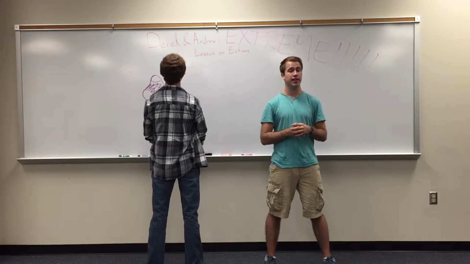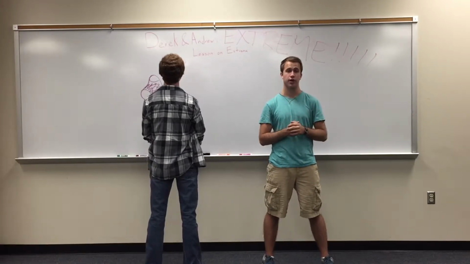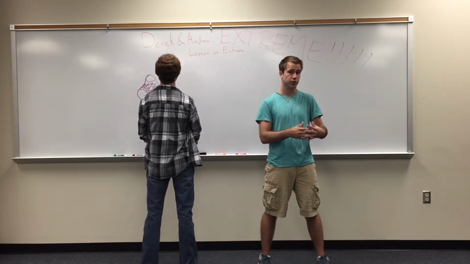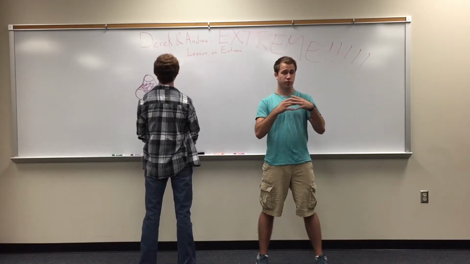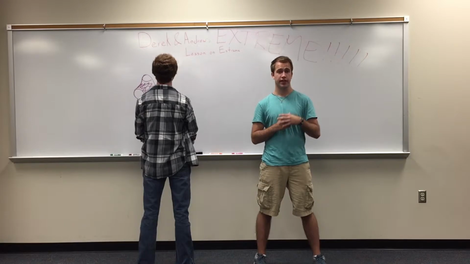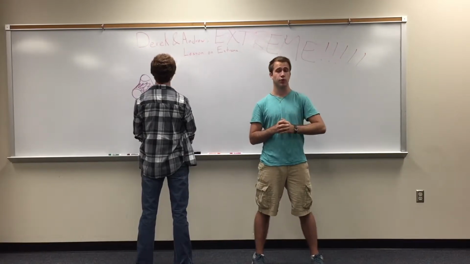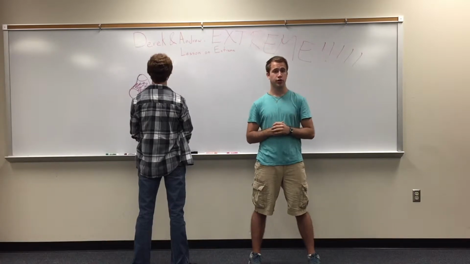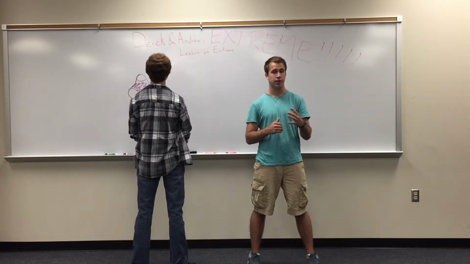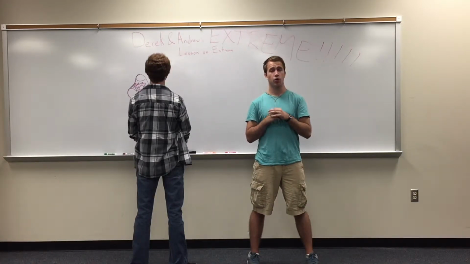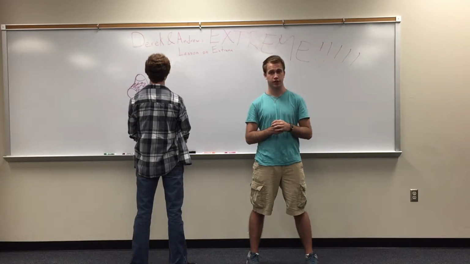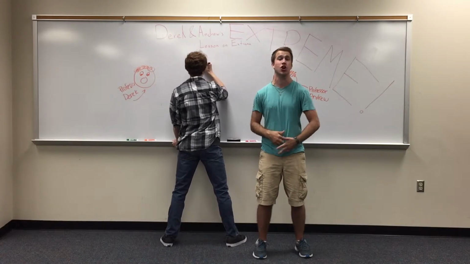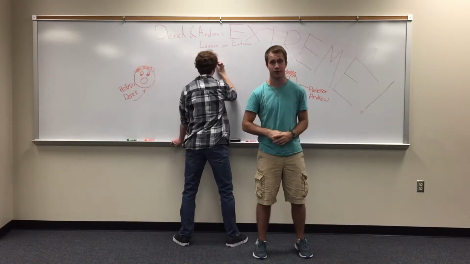Then we find the x values, there could be multiple of them, and we plug those x values into the original function and find the y value of each of the critical points, and also find the y value of the endpoints. Then we compare each of these coordinates and determine the absolute maximum or the absolute minimum of a function. Now let's do an extreme example to further your extreme knowledge on the extreme value theorem.